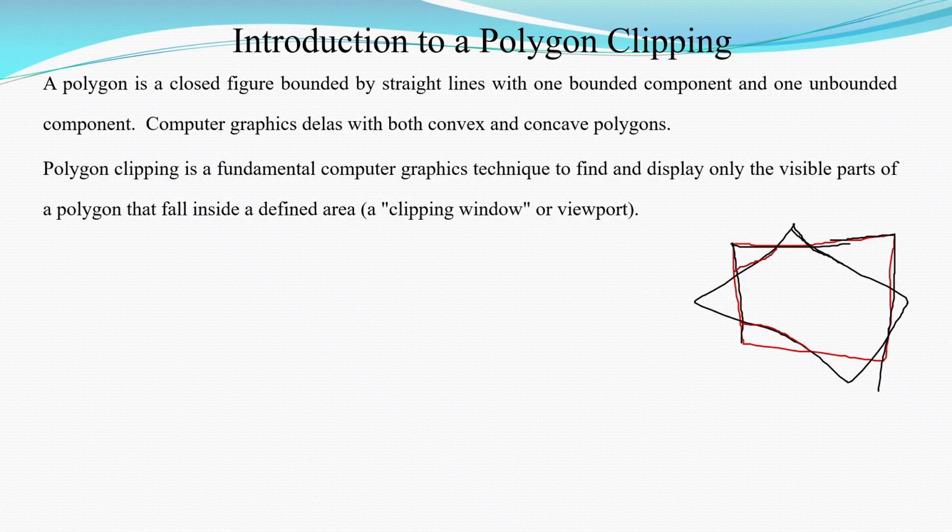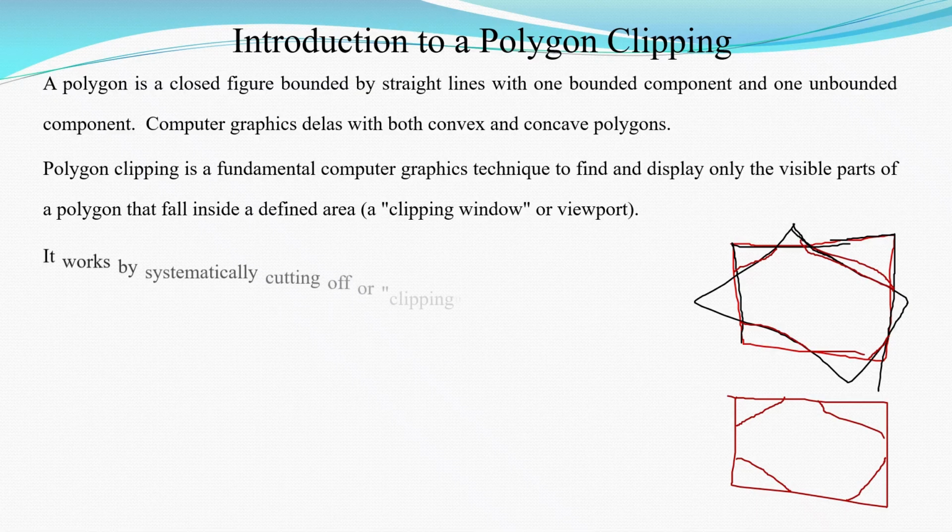The edges intersecting the window boundary are clipped at that point. The output looks like this: the edges outside are removed and the remaining part inside the window is kept. This is how we make the polygon visible using the polygon clipping algorithm.